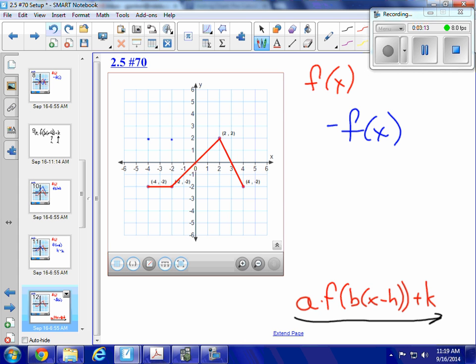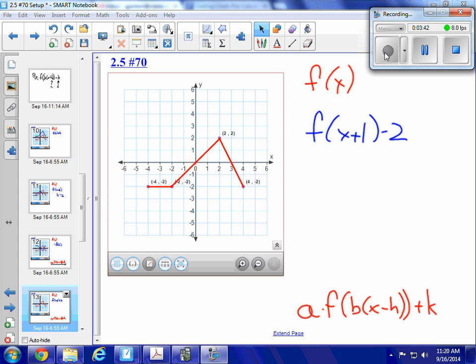This point here becomes 2, negative 2, not affecting the x value, only the y. This point here becomes 4, positive 2. I connect the points. And you can see what I've done is I've taken my red original parent function there, and I flipped it over the x-axis.